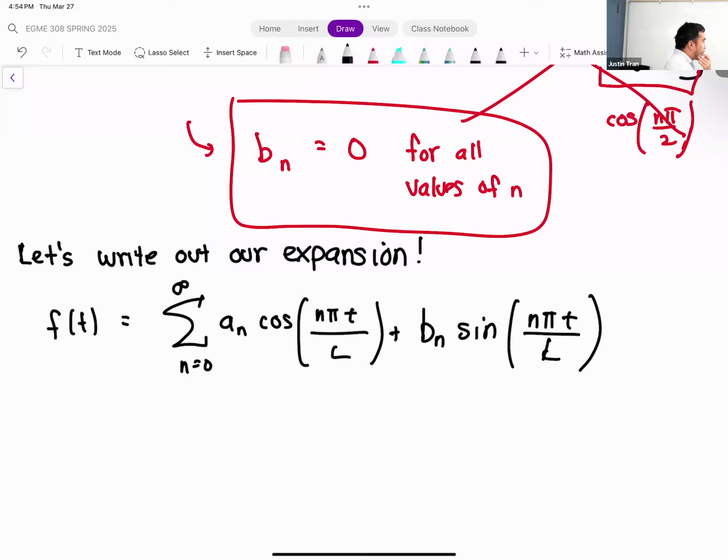Right? Every new chapter has a new mouthful of categories to say. Okay, so first thing we are going to do here is since we know for this problem that Bn is equal to 0 for all values of n, that basically lets us cancel out this entire term here.